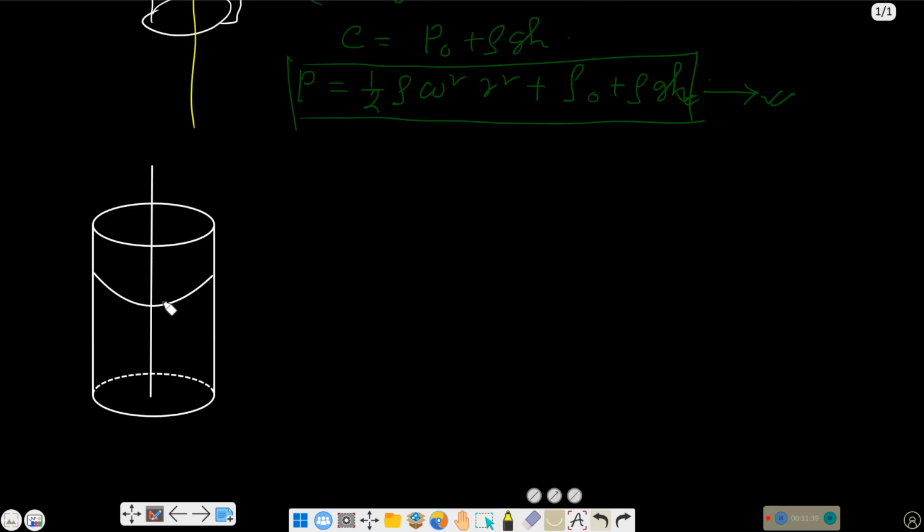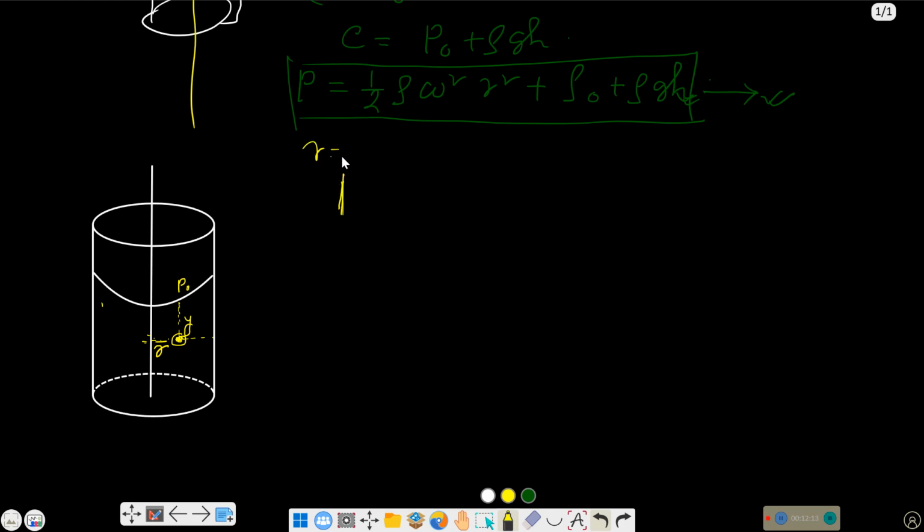Now for the equation of this surface, let us take any element at a distance y. Here the pressure is P naught again. So for this point, if it is at a distance r from the axis, then any point at a height y from the free surface will have a pressure.